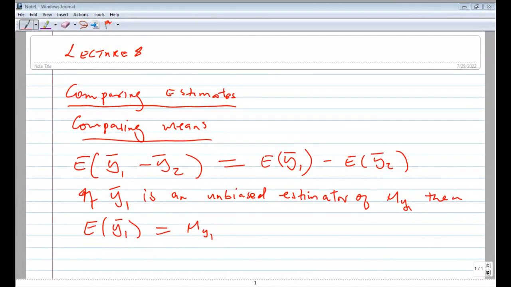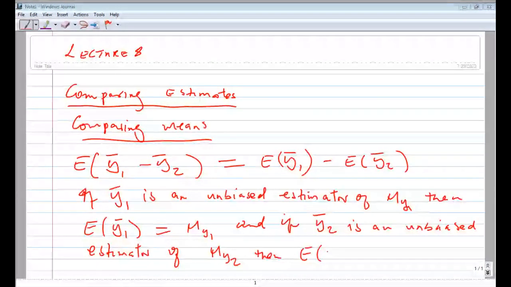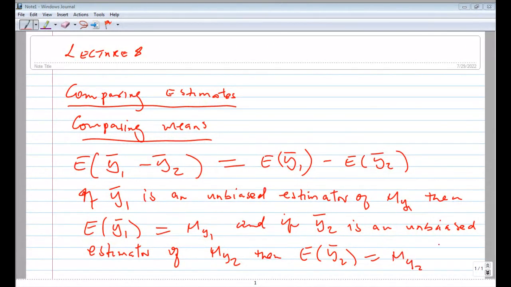Okay? And then again, if y bar 2 is an unbiased estimator of mu y2, then what? The expected value of y bar 2 is equal to mu y2.